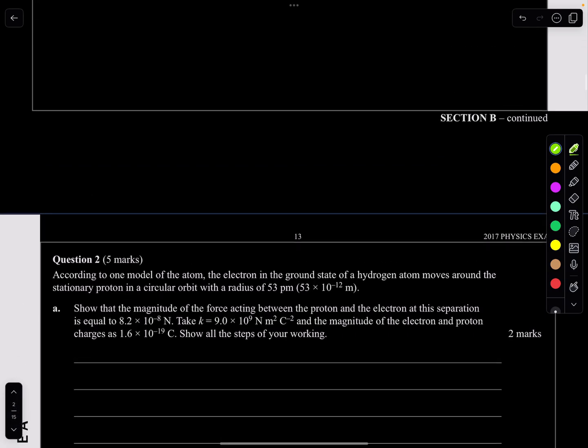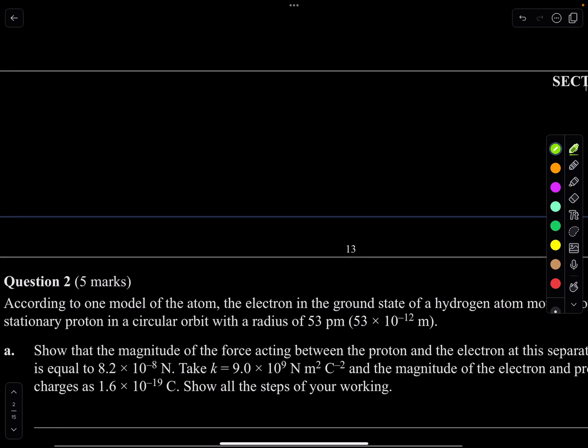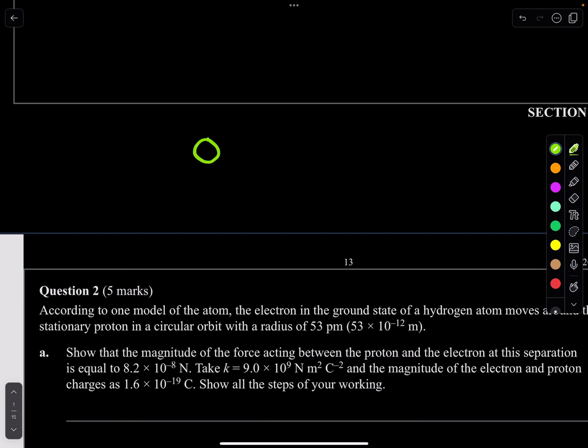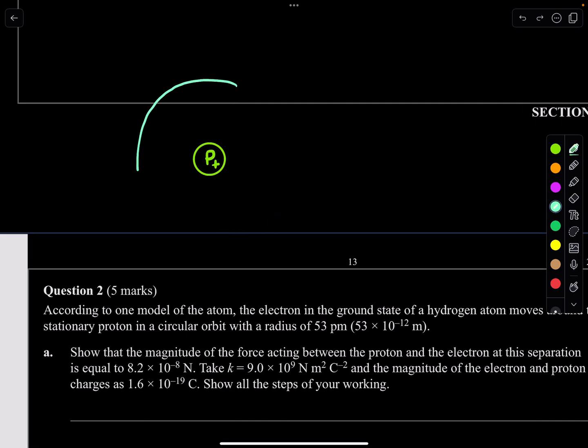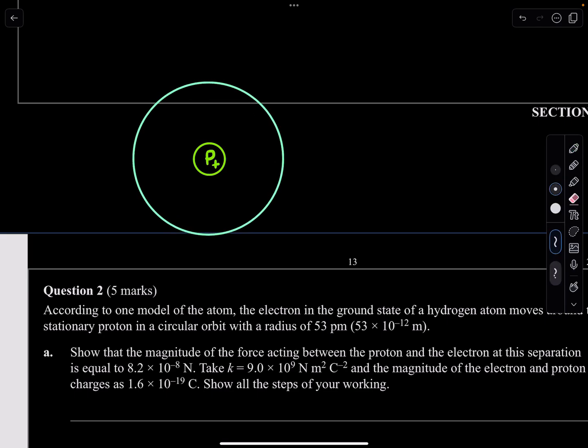Alright, let's just draw a basic diagram of how this looks. Think of it as a planet, but it's a proton in the middle. It's the center. It's just a basic proton. So let's draw a P, a positive proton. And around it, let me draw another color, we have an electron. Let's draw a nice circle like that.